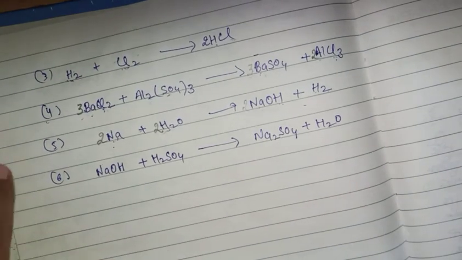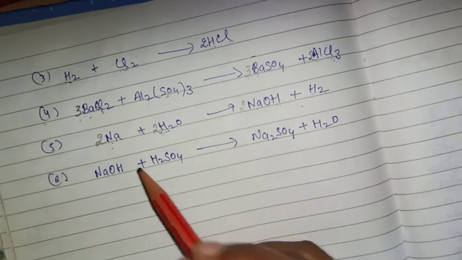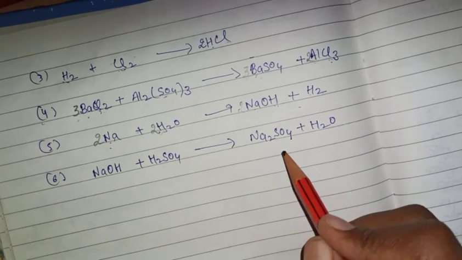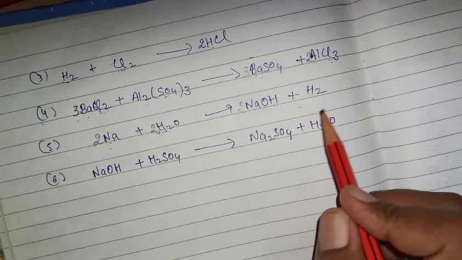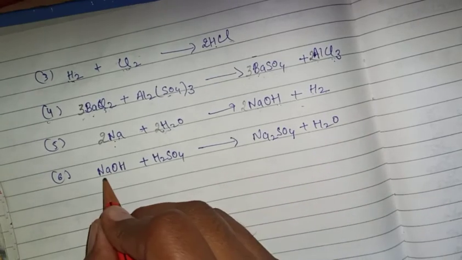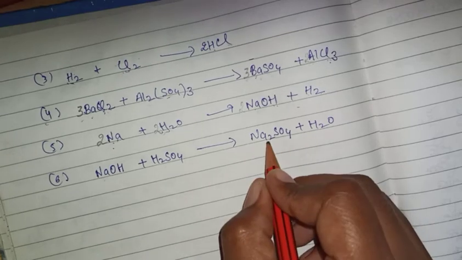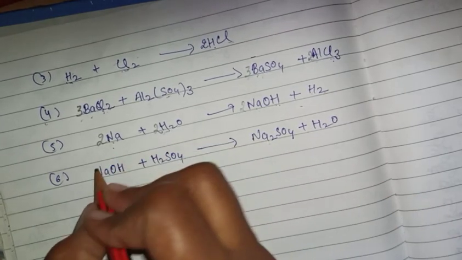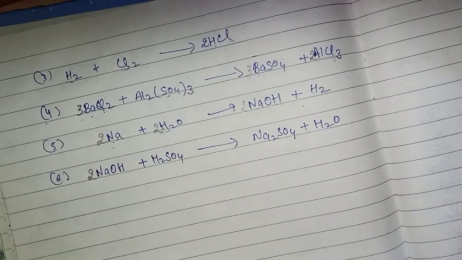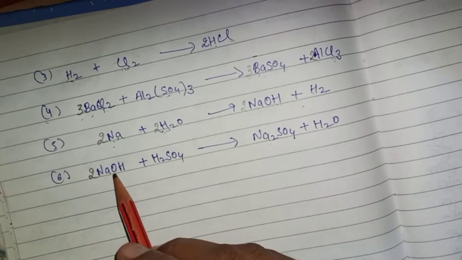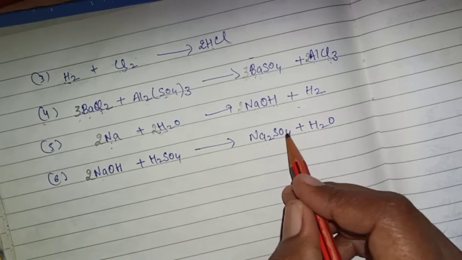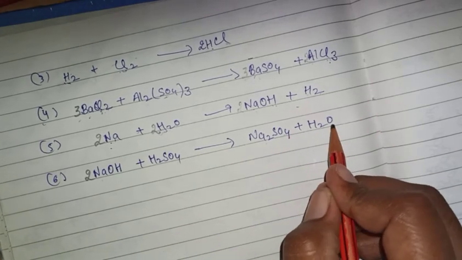Here is one more equation. When sodium hydroxide reacts with sulfuric acid, it forms Na2SO4 and water. Check. In the reactant 1 sodium and in the product 2 sodiums. So to balance the sodium first, I will multiply here with 2. Your sodium is balanced. Now count total oxygen. 2 oxygen and 4, 6 oxygen are here, and here only 5 oxygens.